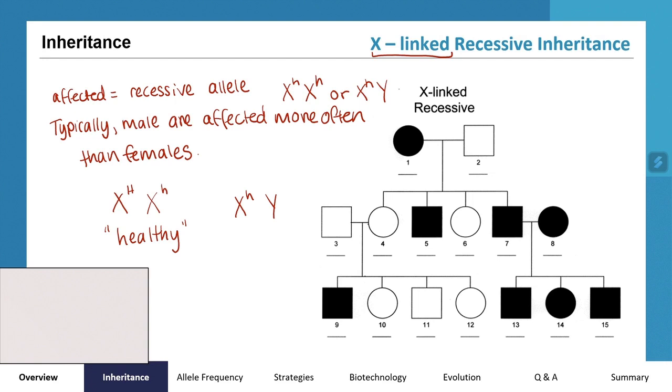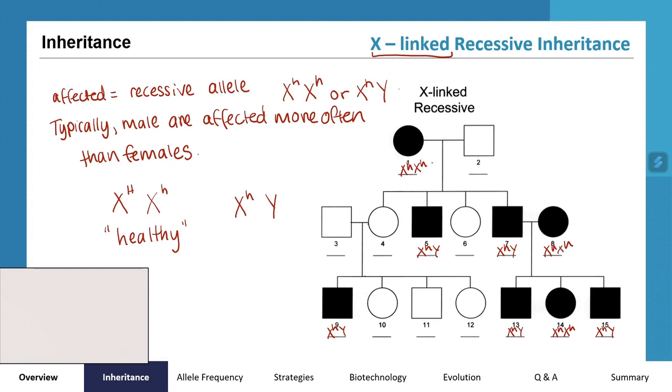So typically speaking, in X-linked recessive inheritance, the number of affected individuals, so all of these are X little h, Y, and then these would be X little h, X little h, the number of affected individuals who are male is going to be much higher than the number of affected individuals who are female.